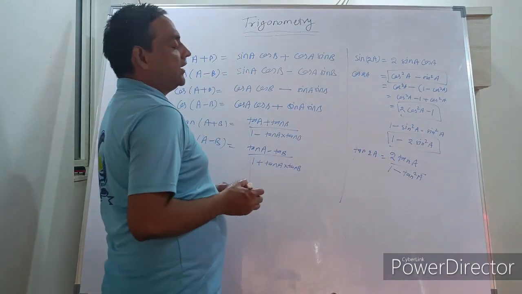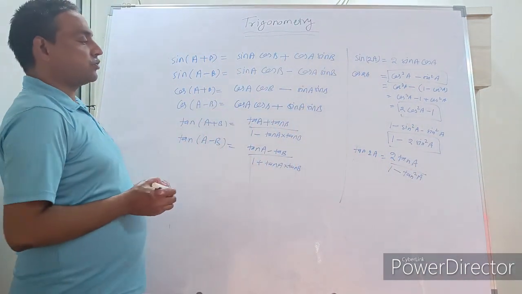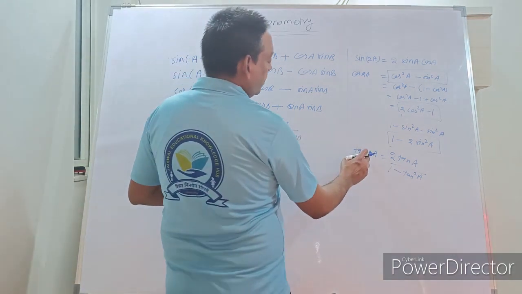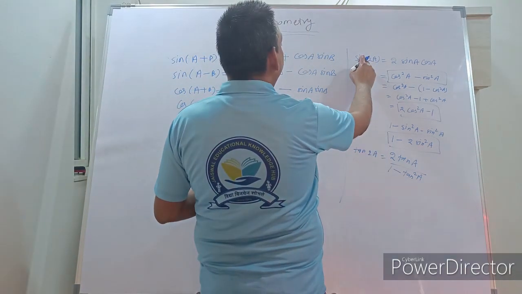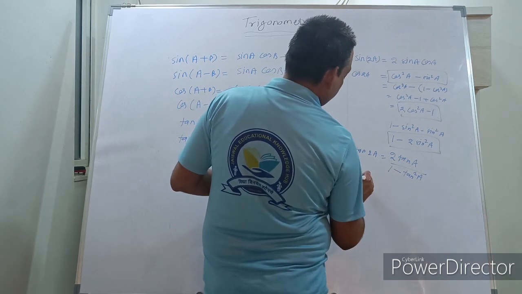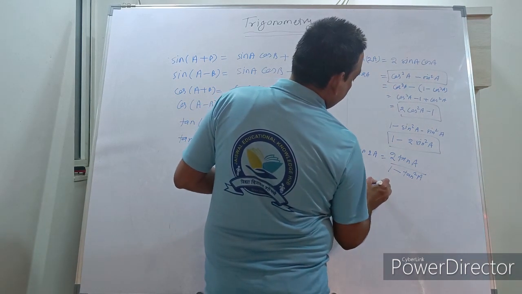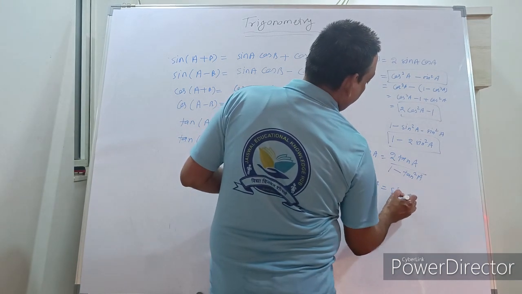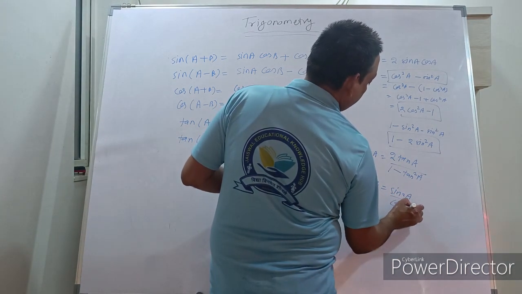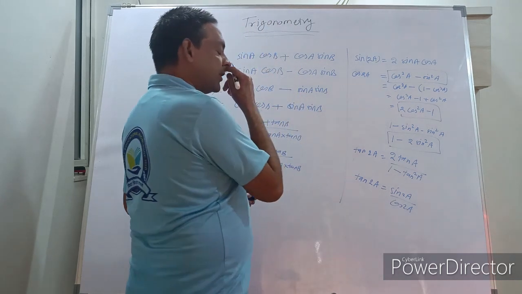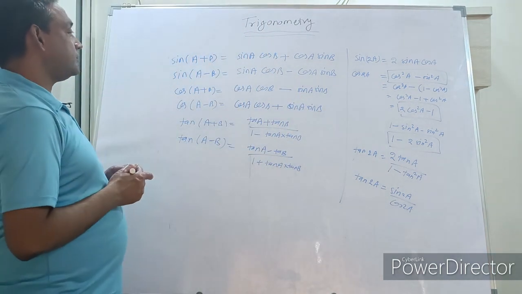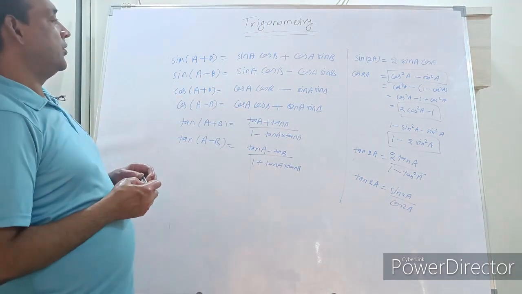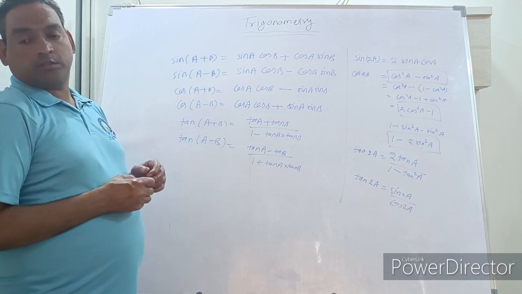So 2 tan a upon 1 minus tan square a, or you can also, if you already have the value of sin 2a and cos 2a, tan 2a is nothing but sin 2a upon cos 2a. So this is called the double angle formula. Okay, understood? So we'll do the sums based on this.